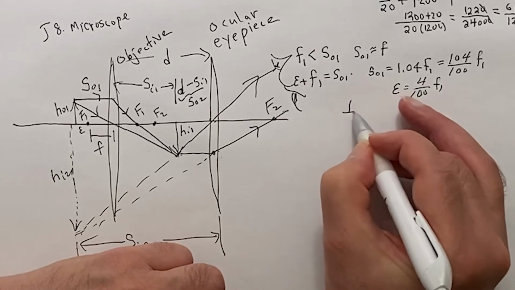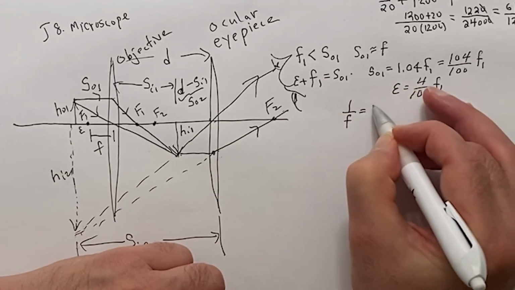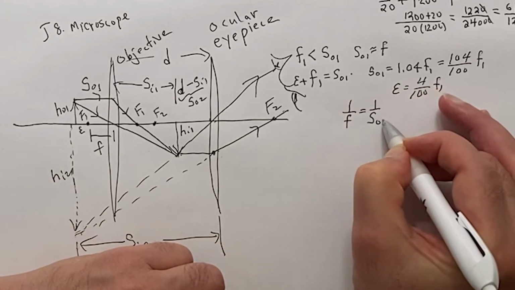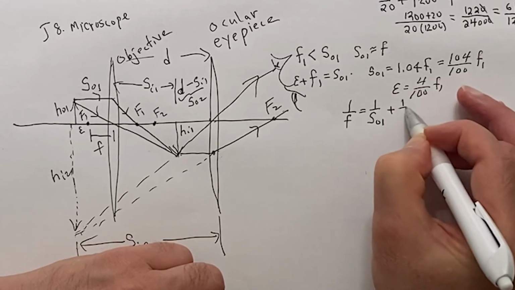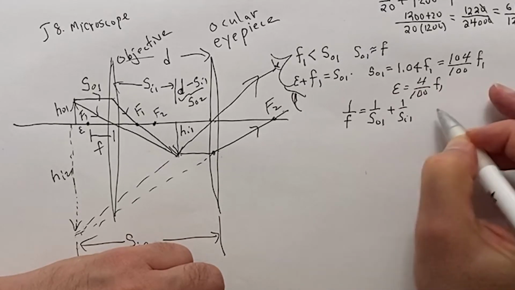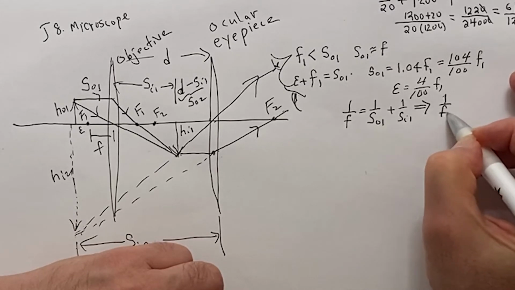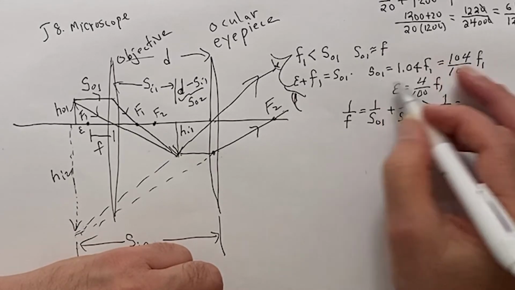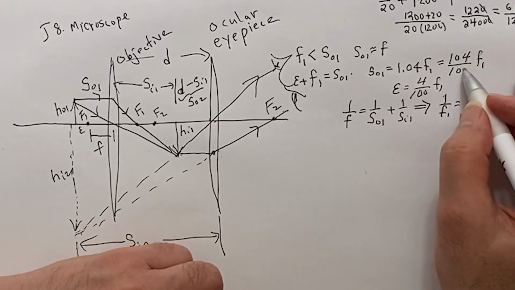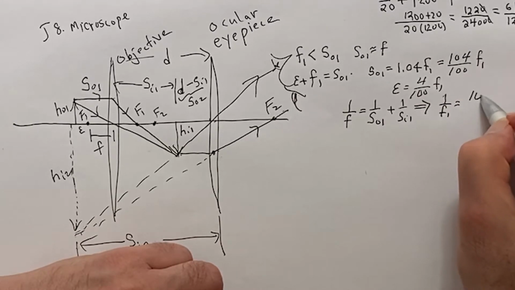So if we do that, then 1 over F is 1 over S object 1 plus 1 over image 1. And that's going to get me 1 over F1. Now the SO1 is 104 over 100, so this will flip to have 100 over 104.